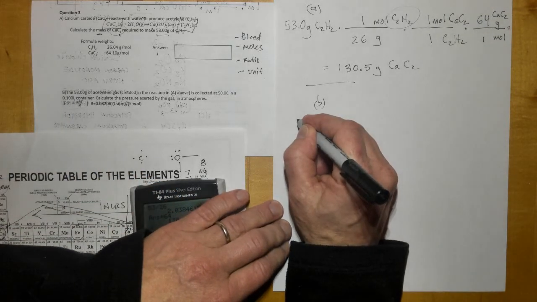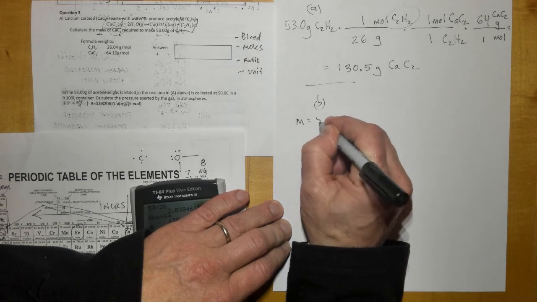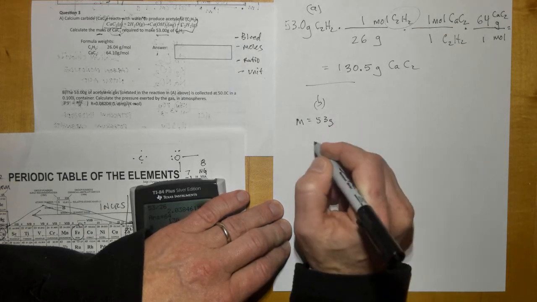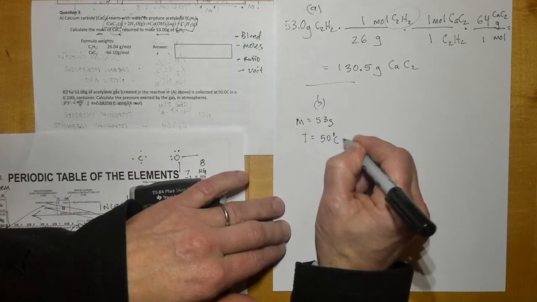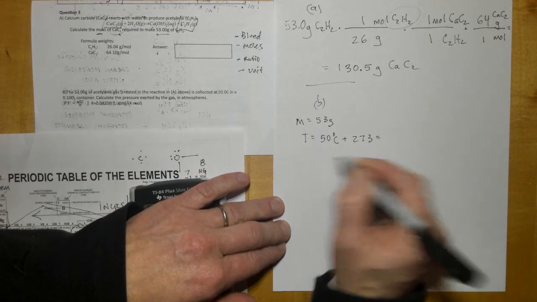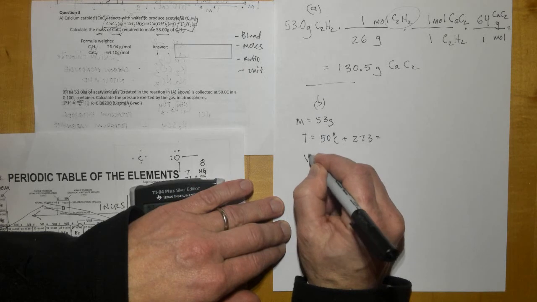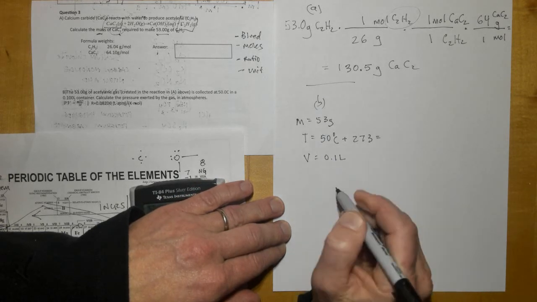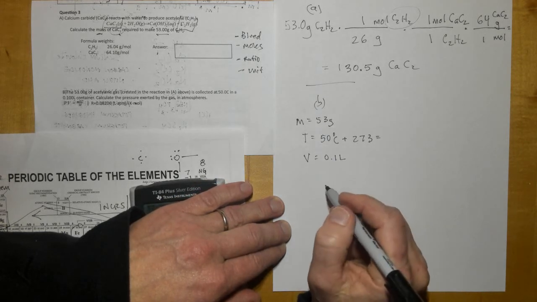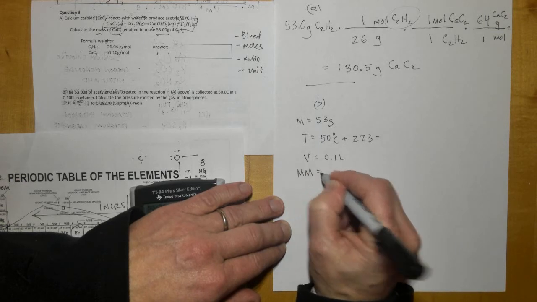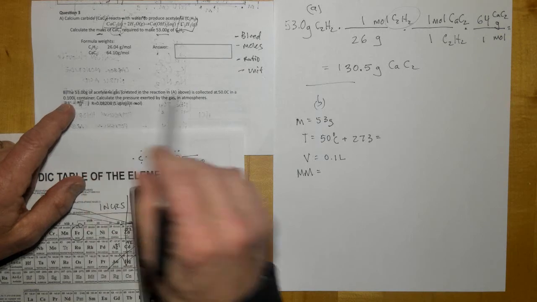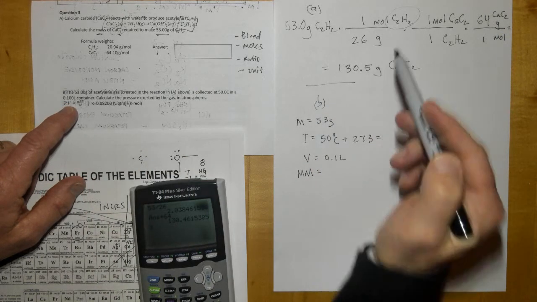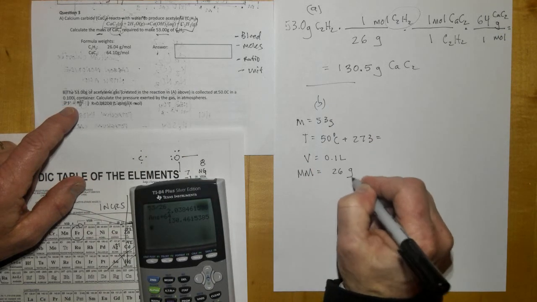We have the mass is 53 grams. We have the temperature at 50 degrees Celsius plus 273, because remember we're going to be in Kelvin. And then the volume is a 0.1 liter container. And then we know the molar mass because we added up acetylene gas right here on the periodic table, and that's 26 grams per mole.